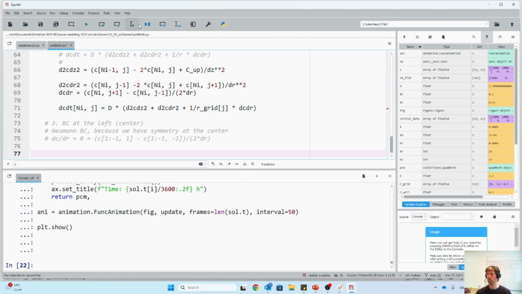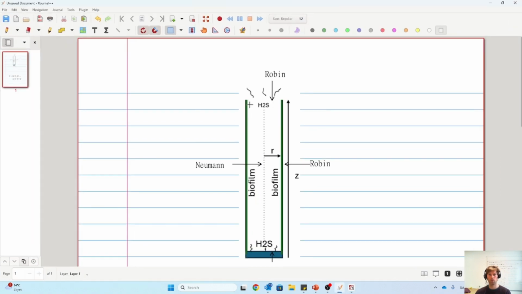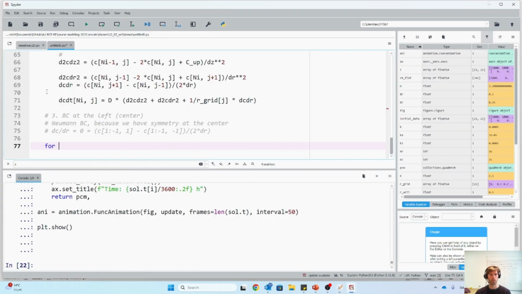But like for the other one, we will loop through all the points in the z dimension. So now we are working on this axis, and we will loop through all the points on this axis here on the boundary. So we will make another for loop.